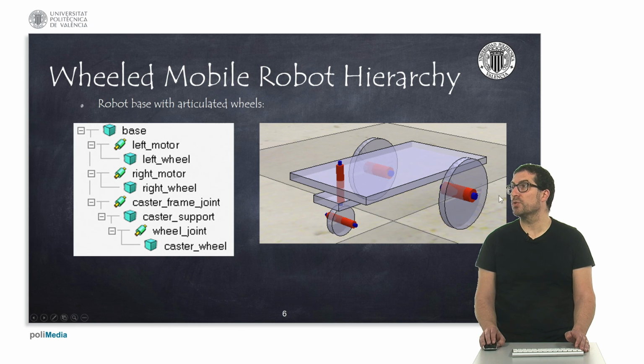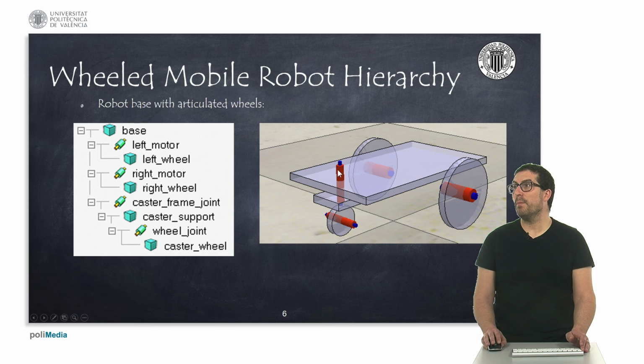Each of the joints has another link with the wheel shape, which corresponds to these two objects here. Also, we have a supporting wheel, a caster wheel in this case.